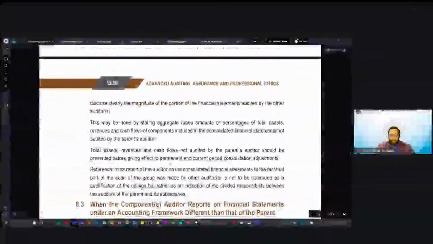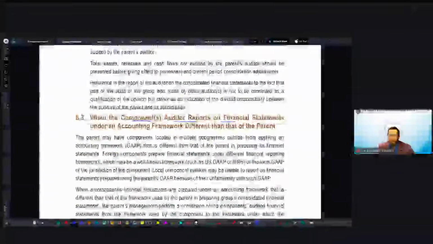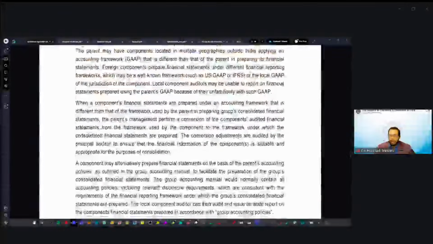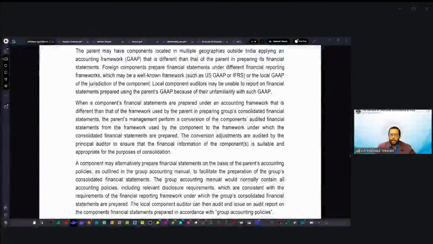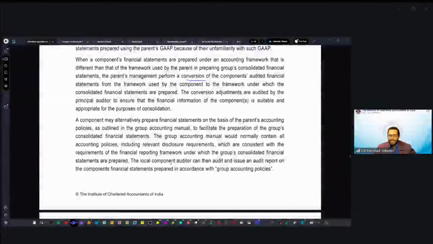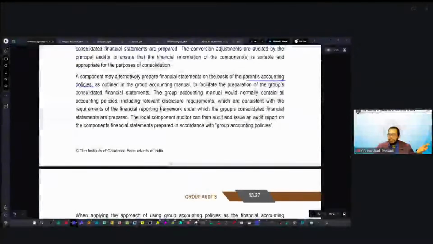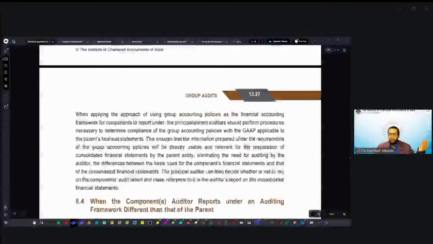So when the component auditor reports on a financial statement under a different accounting framework, then conversion is done from US GAAP or IFRS to the local GAAP. You need to perform this conversion, harmonization. You need to follow uniform accounting policies, the parent's accounting policies, and accordingly see that the parent company's accounting policy will be the group accounting policy to follow.